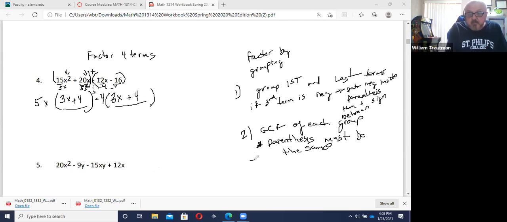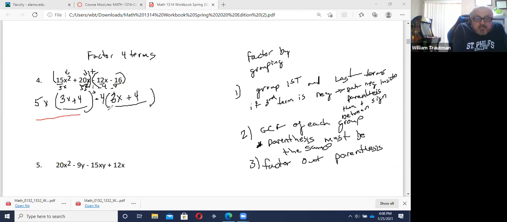Step 3, factor out the parentheses. In other words, let me change my color here. We actually have 2 terms now. Do you see that subtraction is factoring 2 terms?